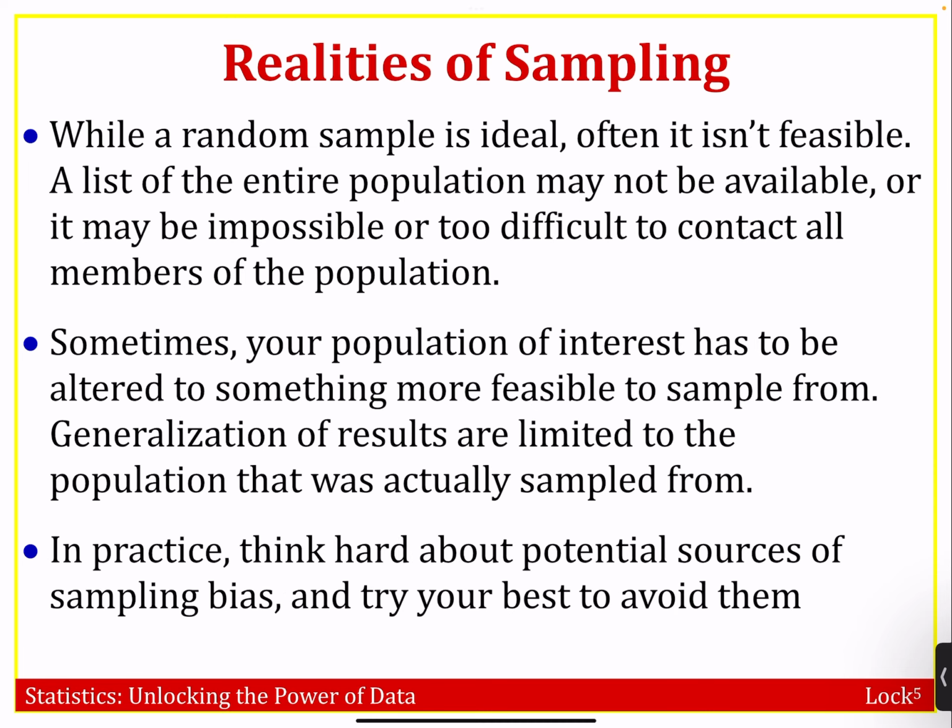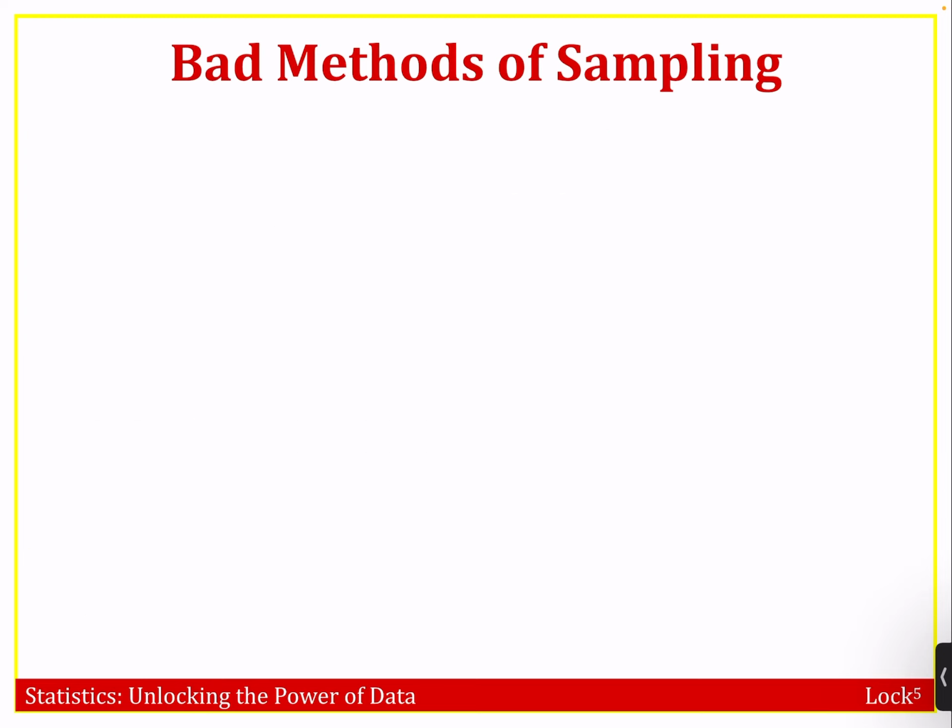In practice, we almost always have to really spend some time considering our potential sources of sampling bias so that we can plan how to avoid them. Even if a truly random sample isn't available or isn't possible, we can still avoid sampling bias if we are careful and do our best to make a representative or random sample.